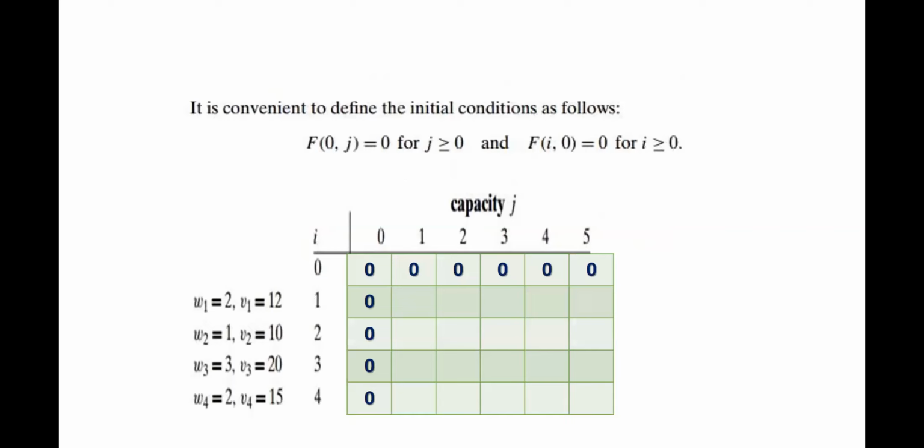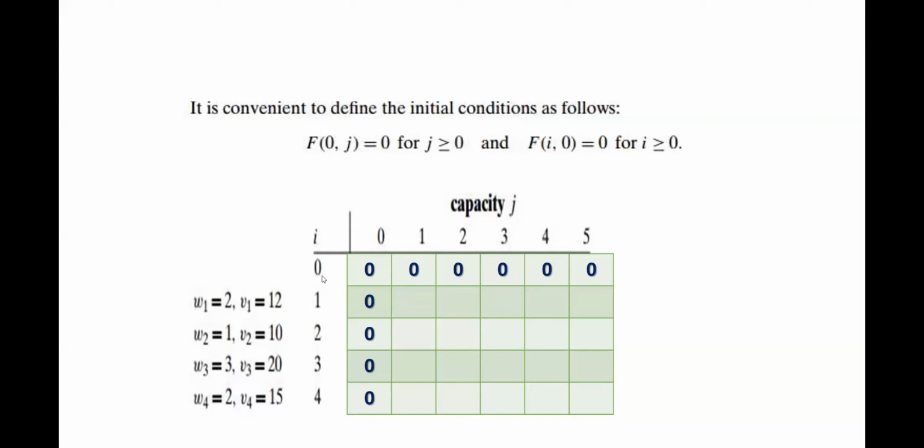First, this is the initialization that we must do. This is the arrangement required to proceed with the knapsack problem by the dynamic programming approach. It is convenient to define the initial conditions as follows. F is the name of this matrix. F of i, j: if i equals 0, whatever the value of j, initialize it to 0.